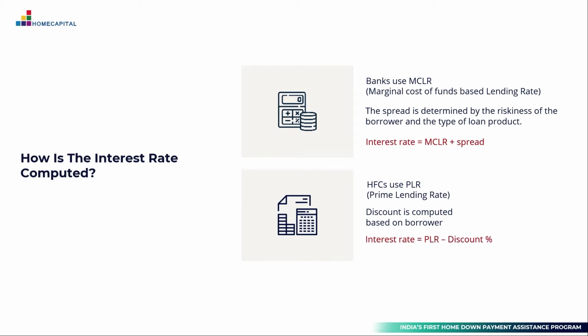So if you are a good borrower, or considered somebody with a good history, you can expect a higher discount rate, versus if you are a riskier borrower, you will land up with a lower discount rate. Once your discount rate is determined, the interest at which you will be given the home loan is equal to the PLR rate, that is your prime lending rate, minus the discount rate.